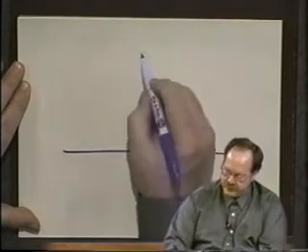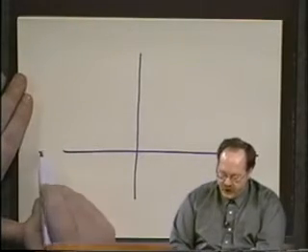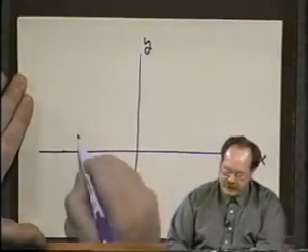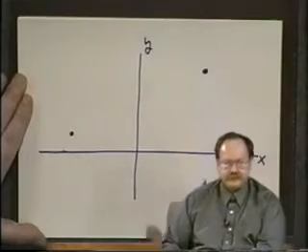Well, let me draw a picture in the plane that illustrates more or less the general situation. It can't be completely general, but I think we'll cover most of the bases here. So I draw the x and y axes, and I'll just imagine that one of the points is here and the other point is up here.